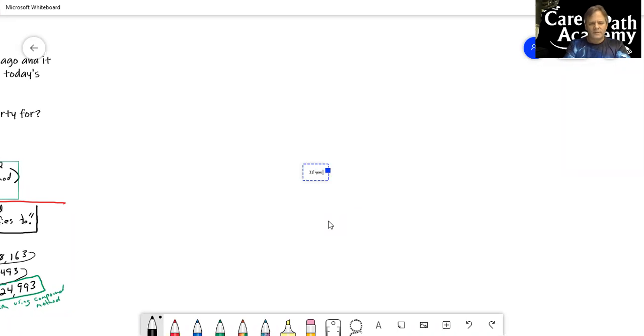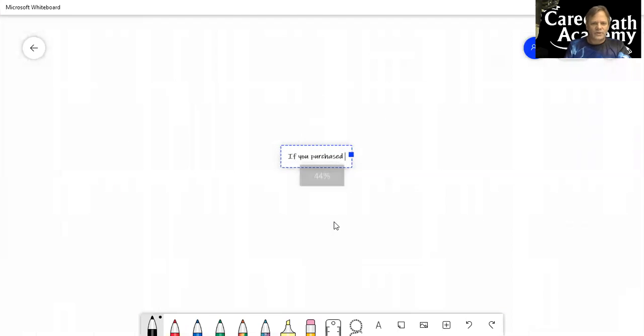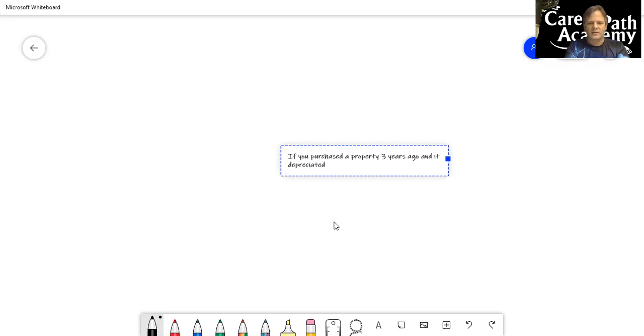If you purchased a property 3 years ago and it depreciated in value 2% per year, and today's value is $380,000.